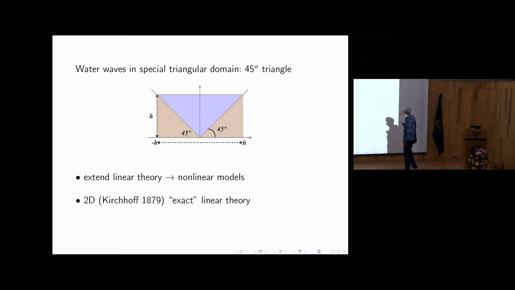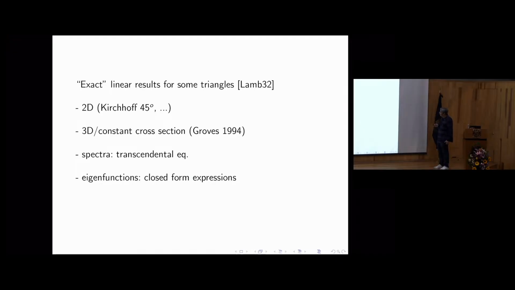In this particular problem, there was actually some work. It is sort of an exact linear theory, and I will explain in what sense, by Kirchhoff. Then there was a little bit more literature in the 19th century for some other special angles.